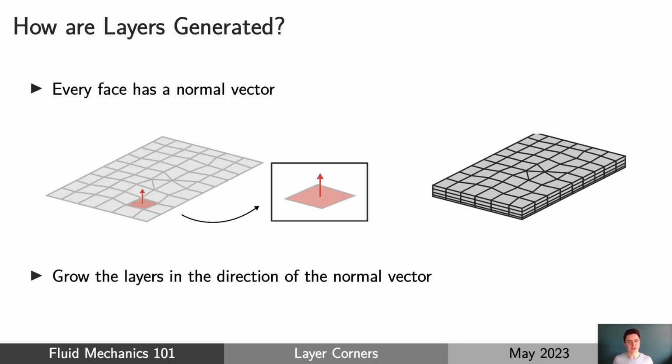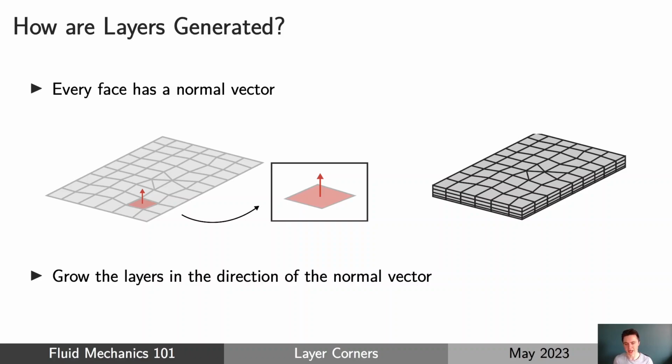Now, the obvious way that we might think about generating layers from this surface is to use the face normal vector. We're used to the idea of a face normal vector in CFD. All faces in the mesh have a normal vector that's located at the middle of the face and points out of the face. And for generating layers, the obvious thing to do would be to use this normal vector.